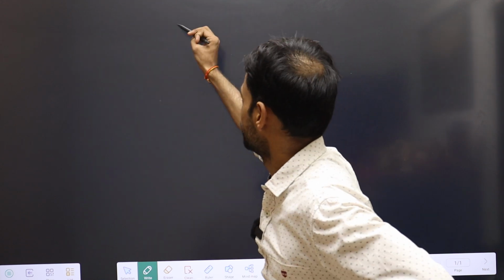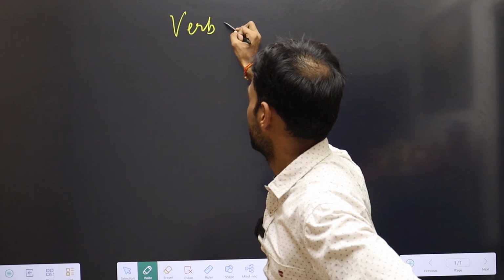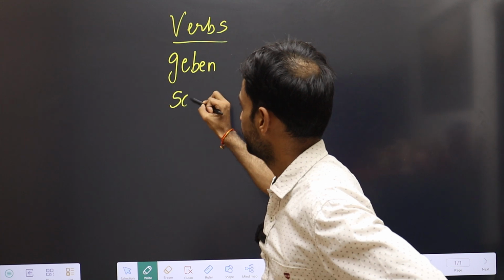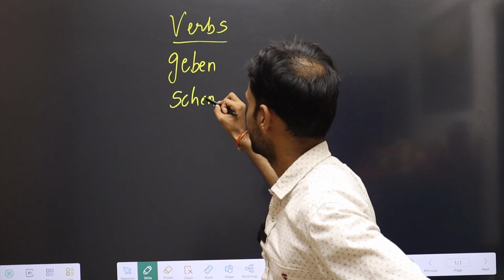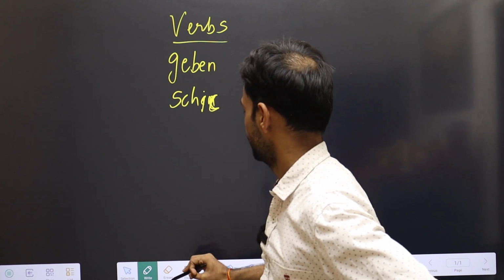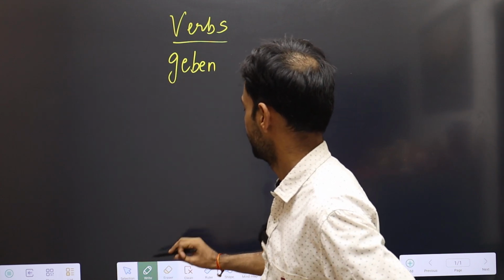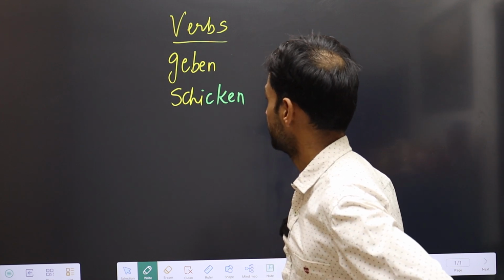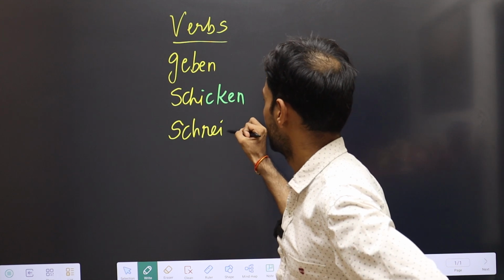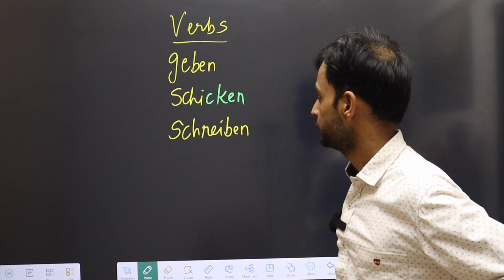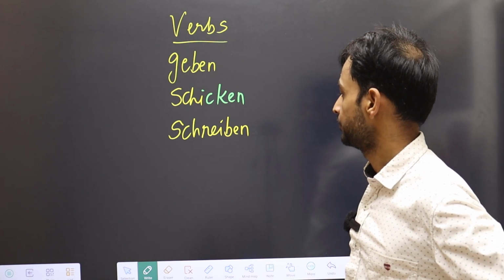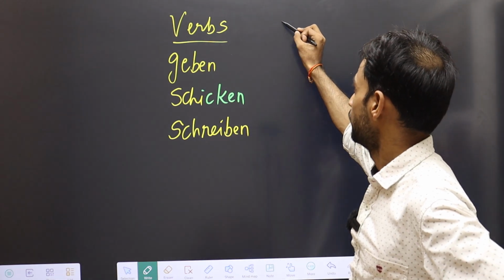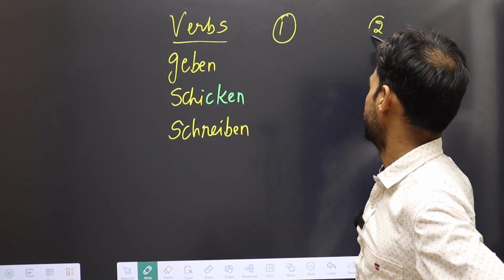Okay, so I said verbs which take two objects, like geben. If you know any other verb, schicken, to send, geben, schicken, schreiben, always take two objects, object 1 and object 2.